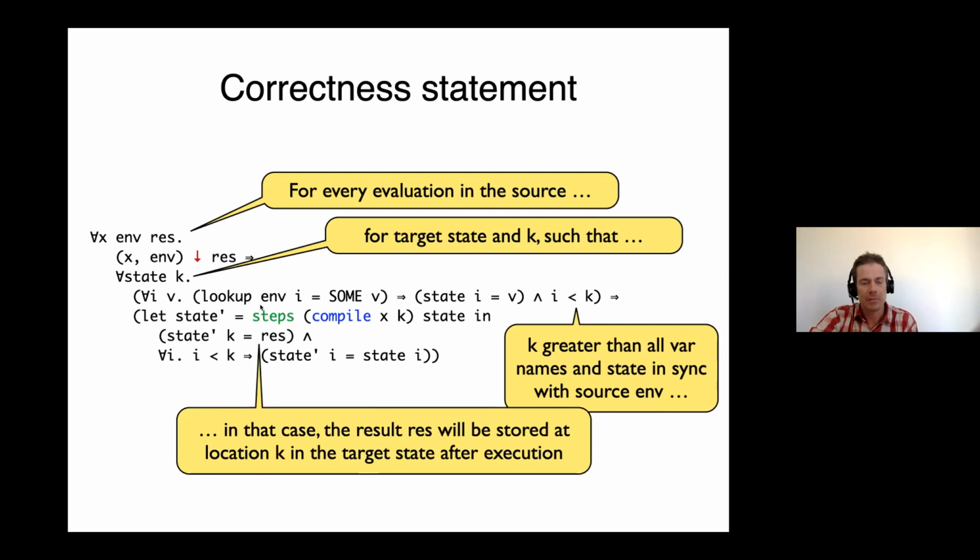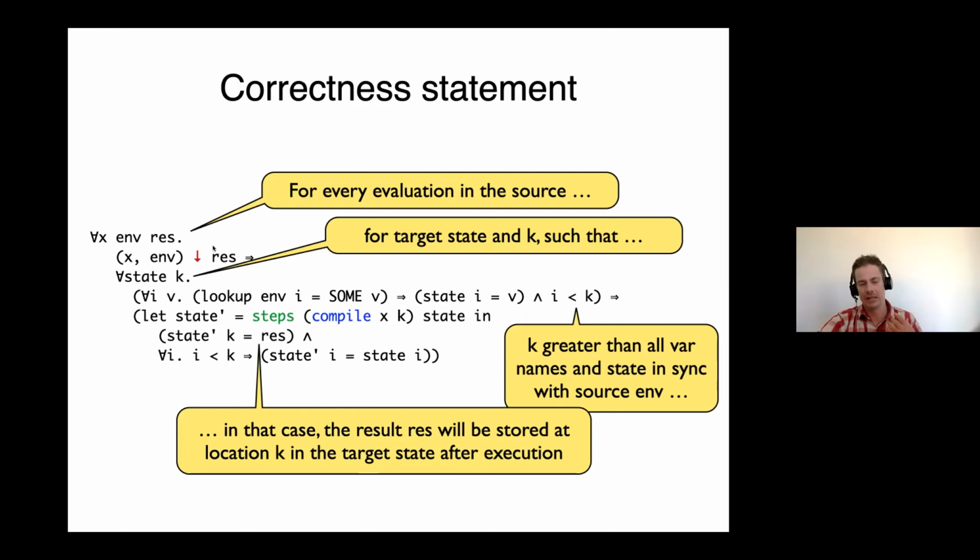Okay, and then here comes the crucial part. If we run steps, so our target semantics, on whatever the compiler produces for this state, then we get a state for which, when we look at k, where we wanted the result to come out, we get exactly the result that the source semantics was computing.